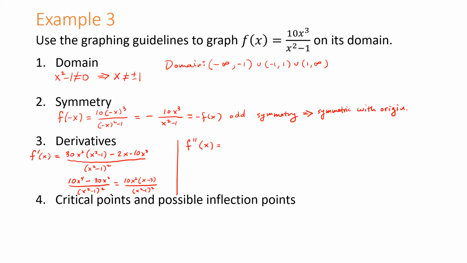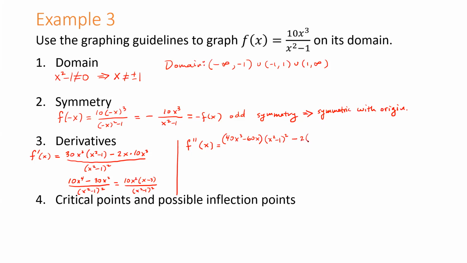So actually, what might make it easier for me to do the second derivative is to use this form that we have here before I factored out the 10x squared, so that way at least I don't have to do the product rule in the numerator. So when I'm taking the derivative of the numerator, it'll be 40x cubed minus 60x times x squared minus 1 squared in the denominator, minus, and then for the derivative of the denominator, we have to do a little bit of chain rule.